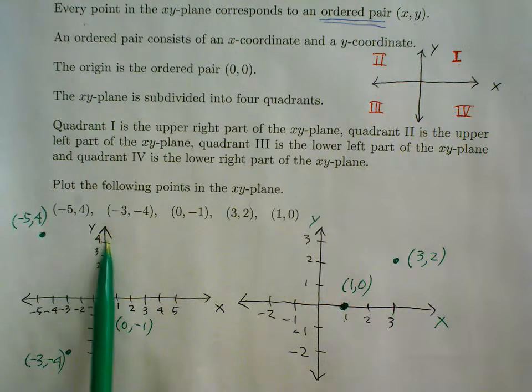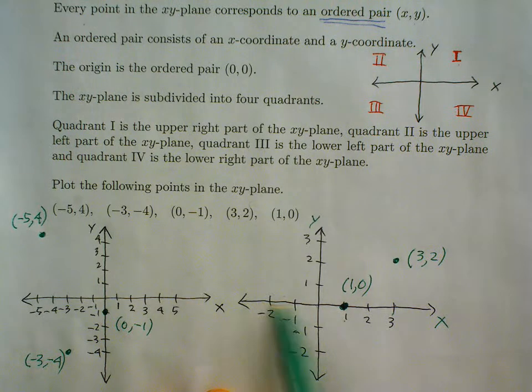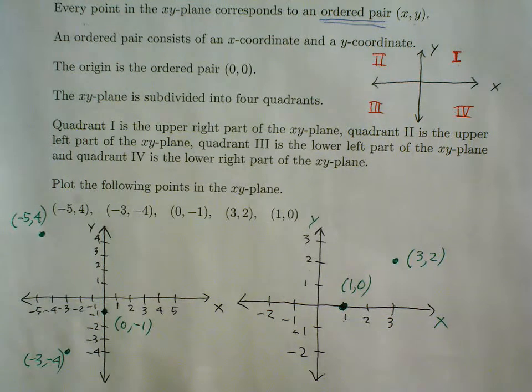Every point on the y-axis has an x-coordinate of 0. And analogously, if you have a point on the x-axis, no matter what point it is on the x-axis, the y-coordinate is always 0. So it's a little detail, but an important one.